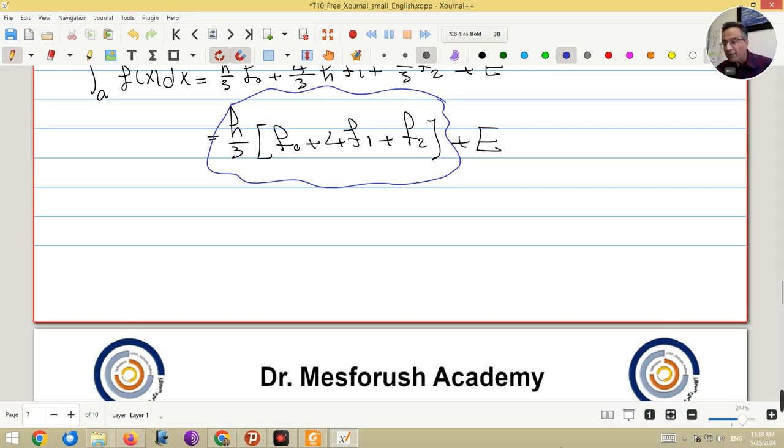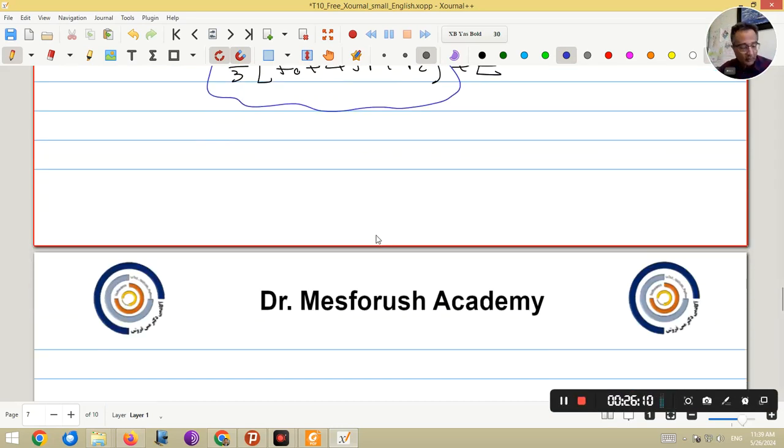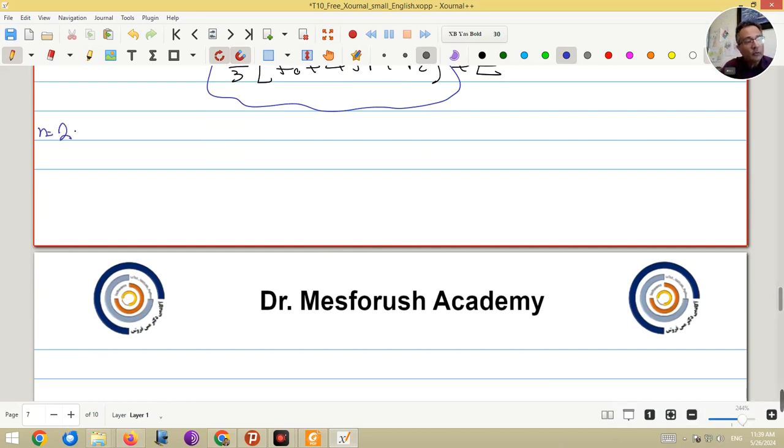Okay, because we have used the closed form of Newton-Cotes formula, and we note that n is equal to 2 and 2 is divisible by 2.